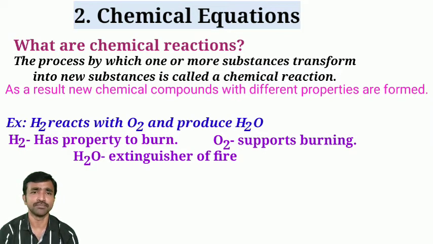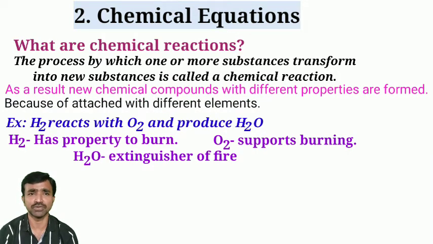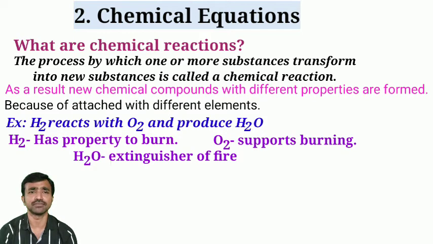Like this, chemical compounds also get their characteristic properties because of attachment with other elements. Due to this attachment by chemical bonds, the characteristic properties change. This is the reason for the change in chemical properties.